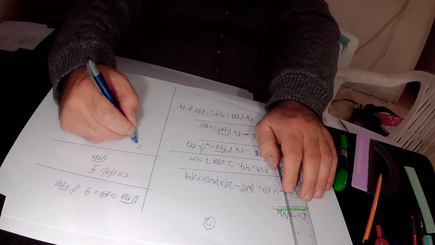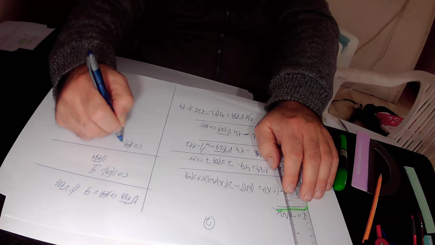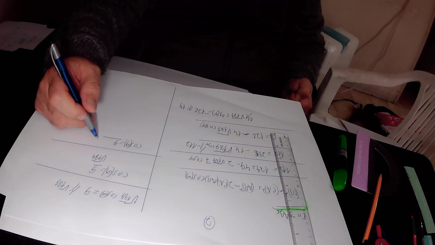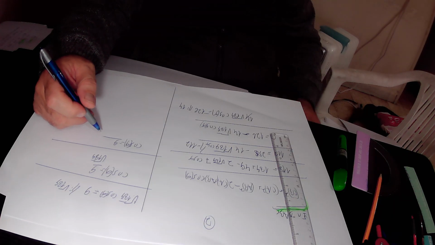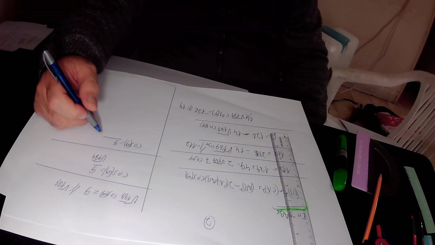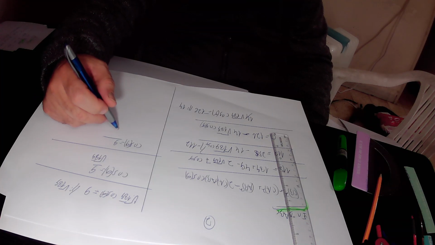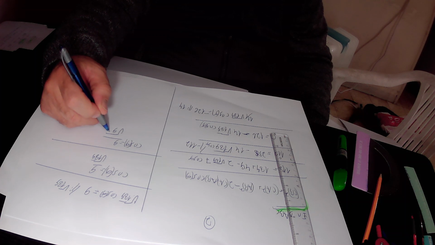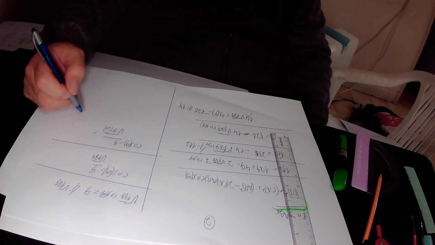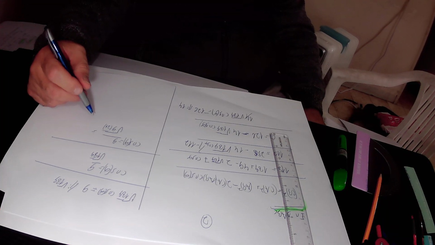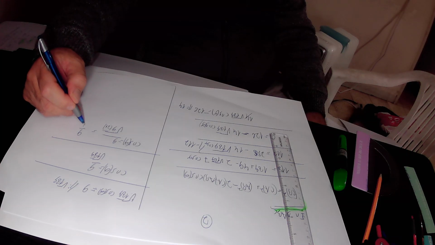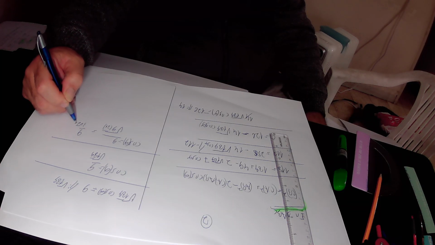So cosine alpha equals 9 over square root of 189. We substitute 189 by 21 times 9, which is 9 times 21. The square root of 9 is 3, so we take 9 out of the root. So it is 9 over 3 times square root of 21.